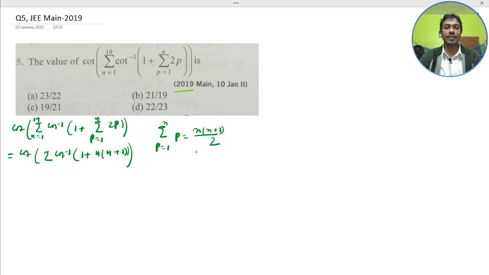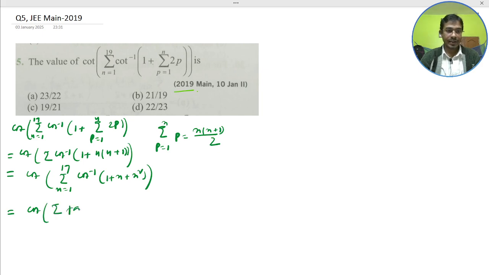So 1 plus 2 plus 3 plus dot dot n, summation formula in series form, n into n plus 1 by 2. So equal to cot summation n from 1 to 19 cot inverse, it would become 1 plus n square, that is equal to cot summation, I just transfer into tan inverse, so 1 by 1 plus n into n plus 1, because cot inverse x equals tan inverse 1 by x for x greater than 0.